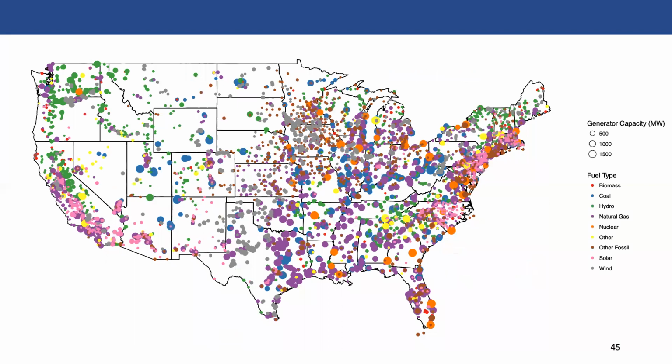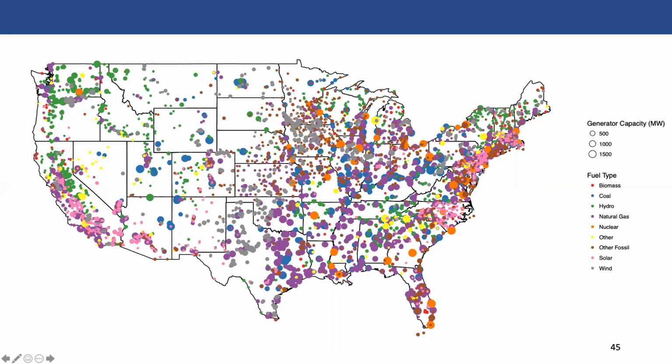This is a diagram of resources in the United States. We can see different fuel resources. So you've got most of your coal plants. The size of the power plant is how big the circle is, and the color of the dot indicates the fuel type.